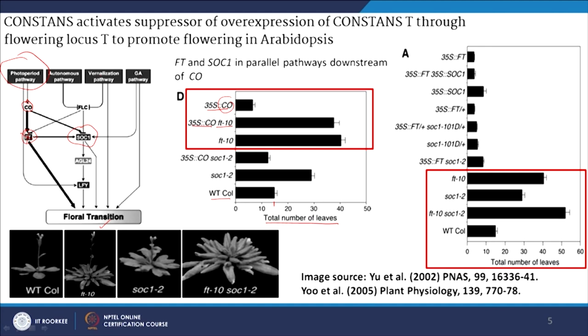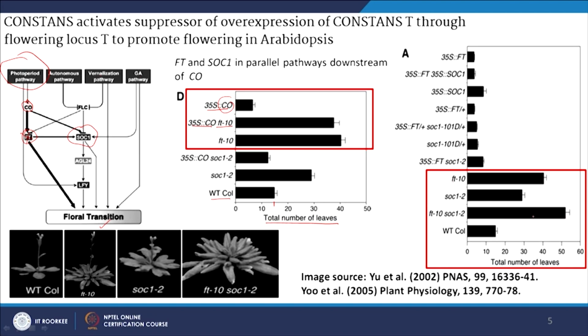Another genetic interaction you can establish from here. Again, this is wild type. If you have wild type, you have around 15 leaves at the time of flowering, but FT mutants have delayed flowering. Another gene, SOC1, also shows delayed flowering, but if you combine FT and SOC1 mutants, the plant shows further delayed flowering.